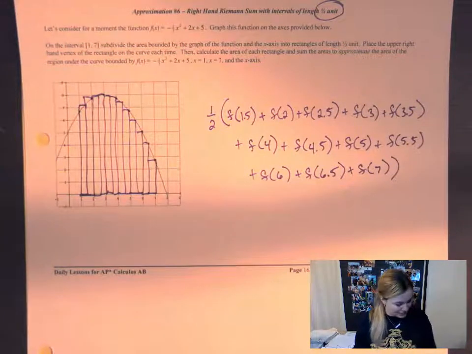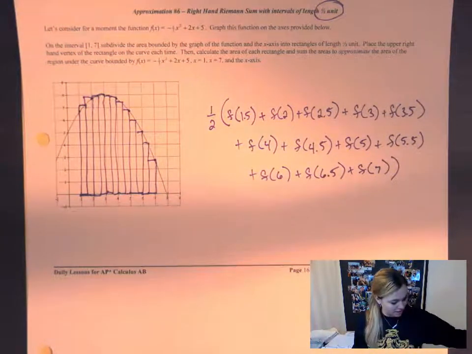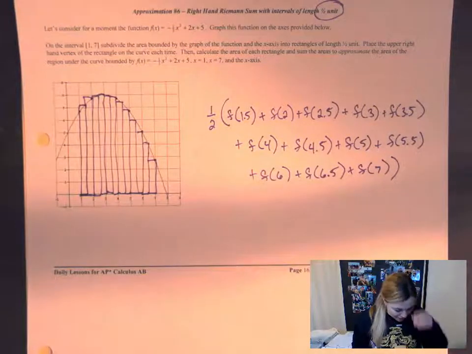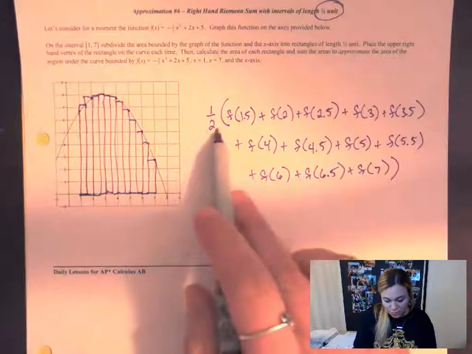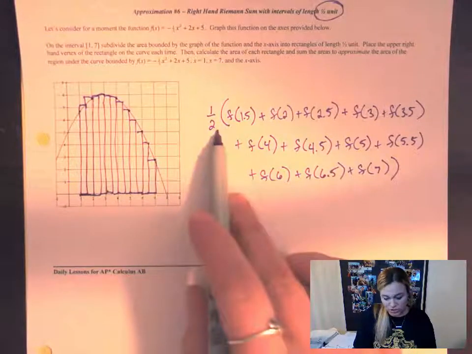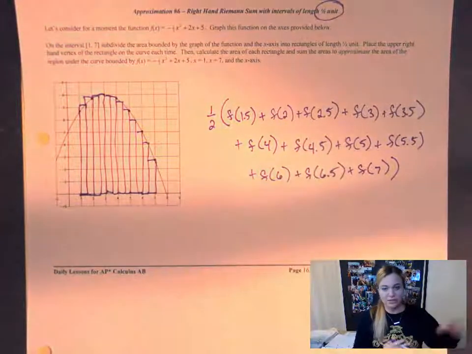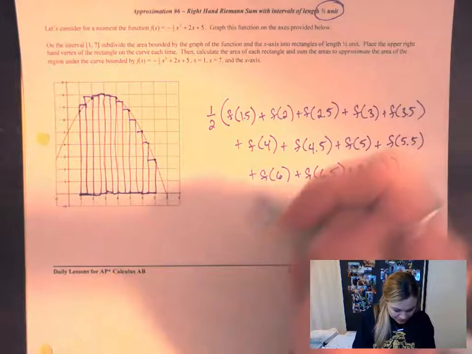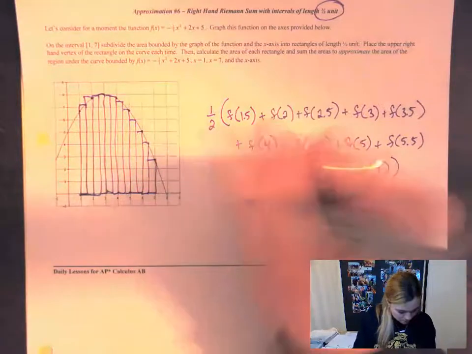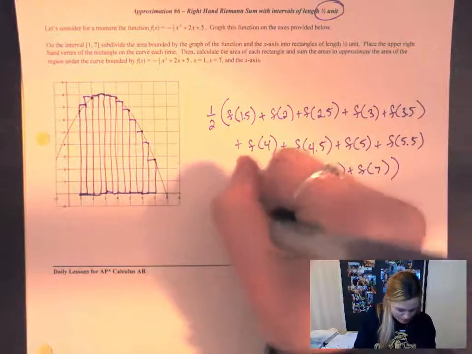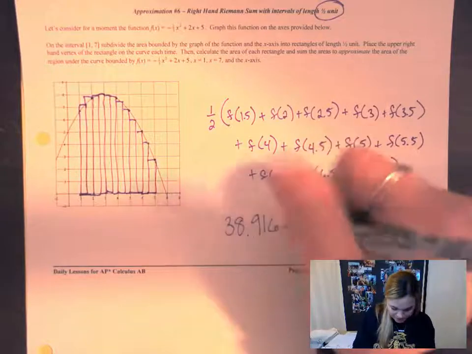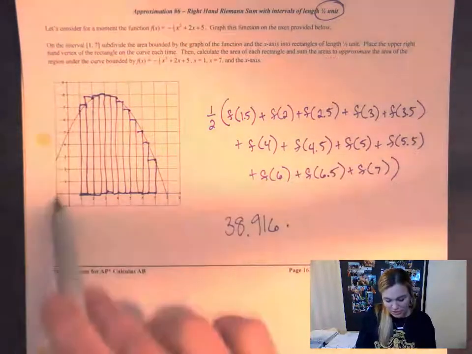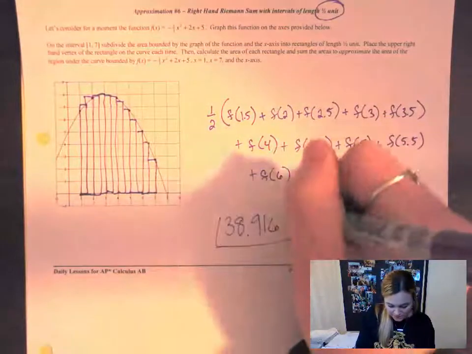If you multiply all these things out, I'm still on the length of a half. If we're doing a length of a half here, this is the area of each one of these things. It would be the same as 1/2 times each of these parts. I'm just taking the 1/2 out in front. You should get, after all of this, 38.916 units. Well, it would be units squared. It would be whatever this unit is times whatever this one. So I'm going to stick with this.